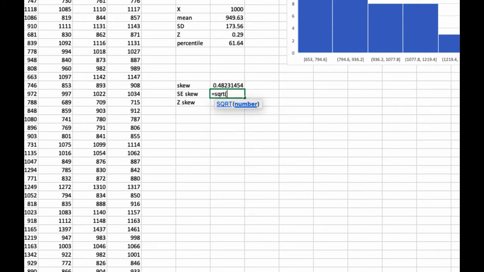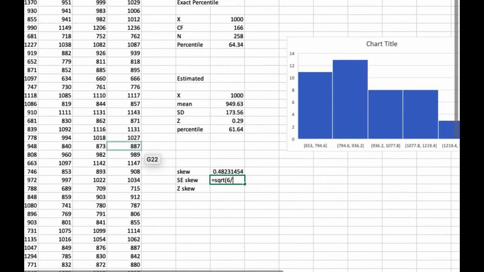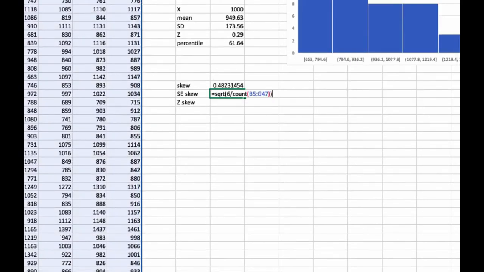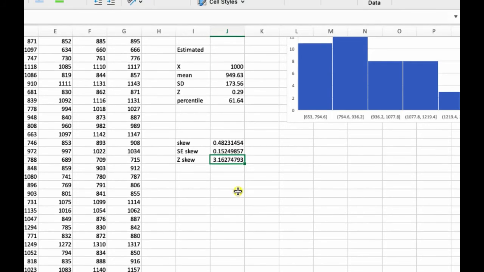So that was the square root of 6 divided by n. So count our data, double parentheses. And then z-skew, again, is just our sample skewness divided by our standard error. And we get a value of 3.16.